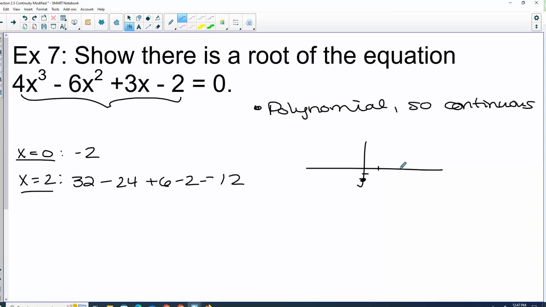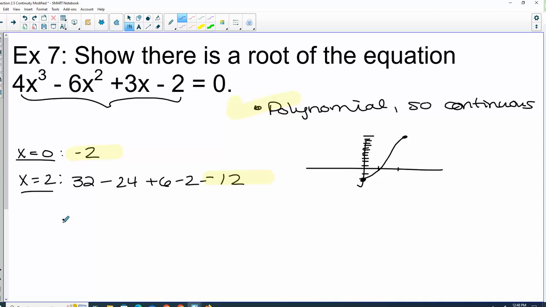On these, you're not giving me a whole lot of detail. All we're showing is that it equals 0. So all of the work that I really need, you have to tell me it's a polynomial so it's continuous. Because if you don't tell me it's continuous, it doesn't work. We need to show that we can plug in two different x's and get a positive and a negative.